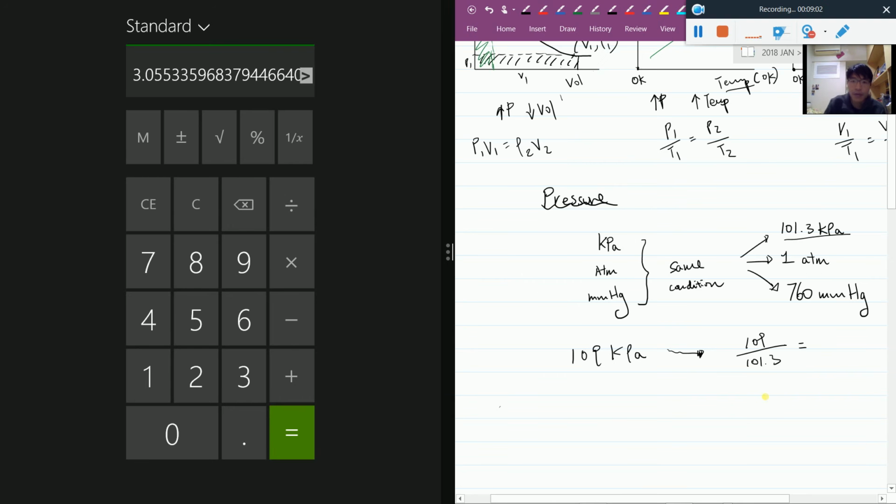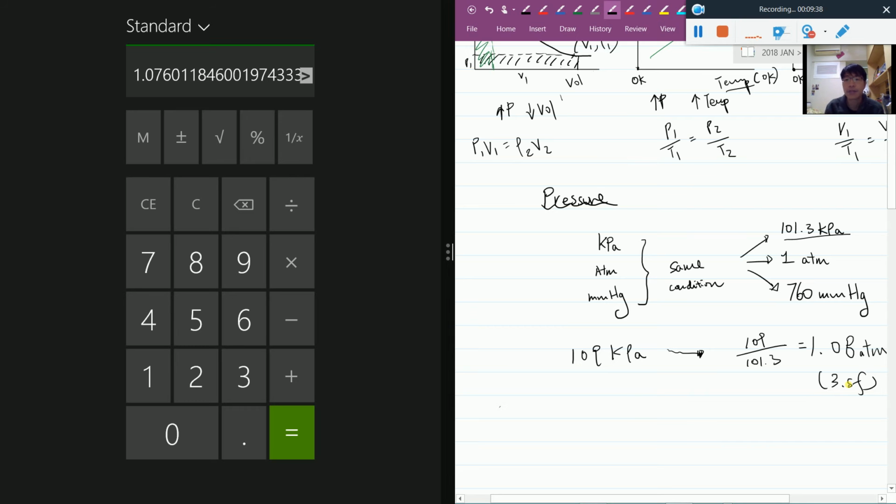So 109 divided by 101.3, we've got 1.076, maybe 1.08 ATM. It has three significant figures, right? So that's very simple to convert from kilopascal into atmosphere, right?